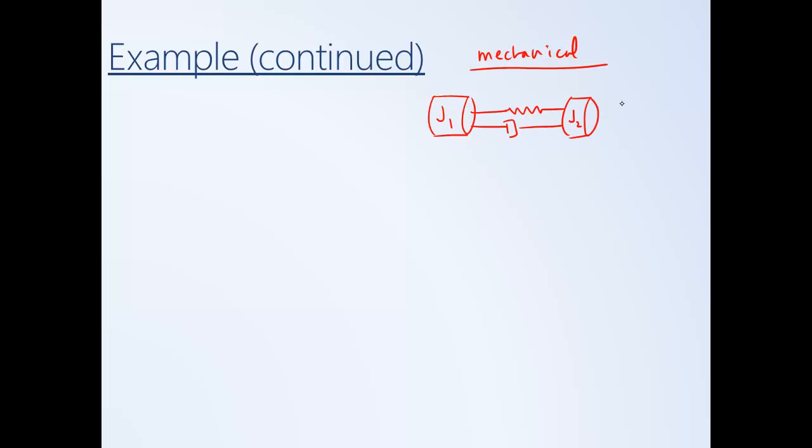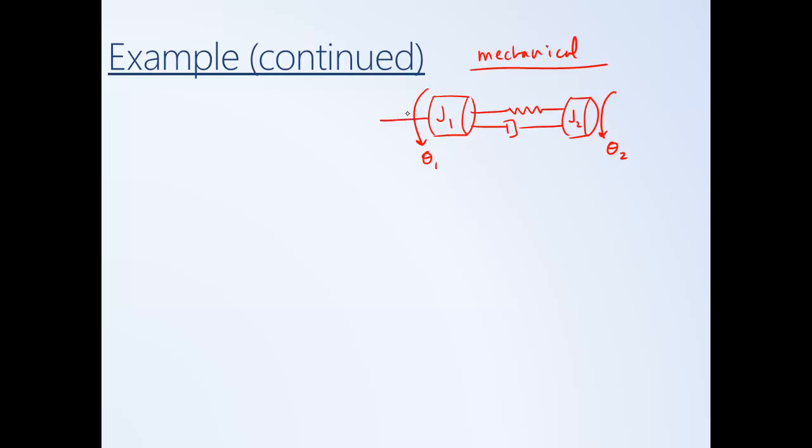We've defined, if you look at the previous slide, the direction of positive angular motion. So theta sub 2 is positive in that direction, where theta sub 2 is the motion of J sub 2, and theta sub 1 is the motion of the inertia of the rotor, where it's positive in the same direction.